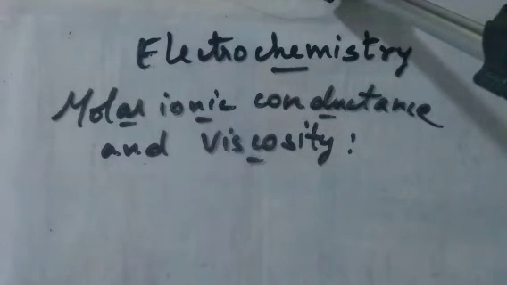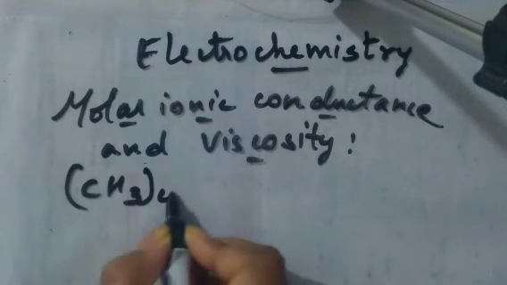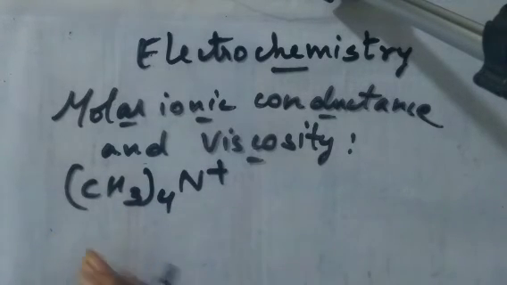Now consider a larger ion like the tetramethyl ammonium ion, and we take the molar ionic conductance reading in different solvents.